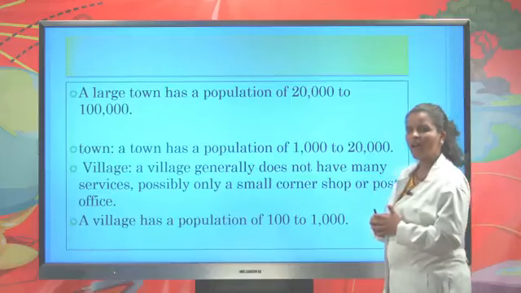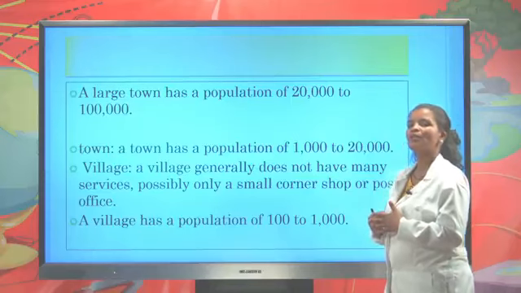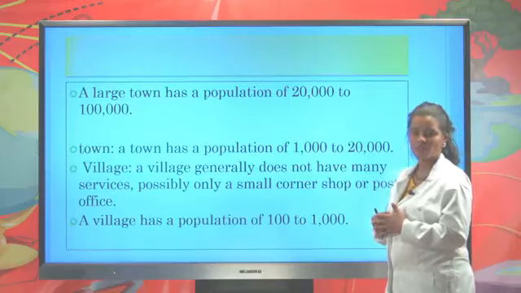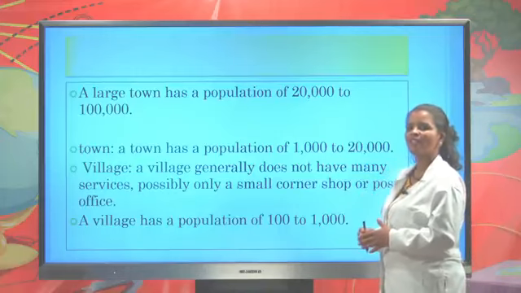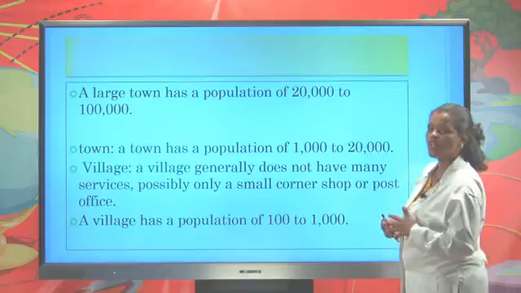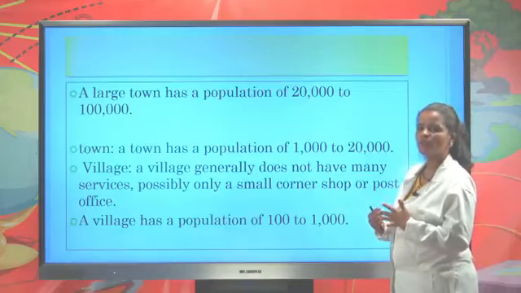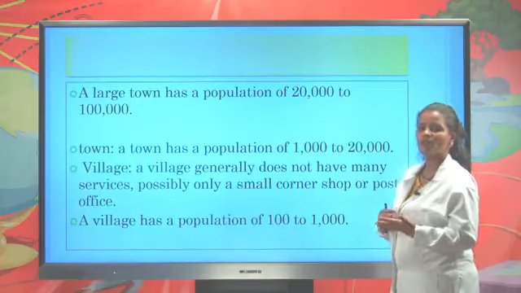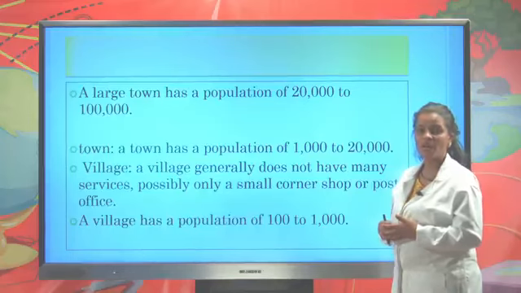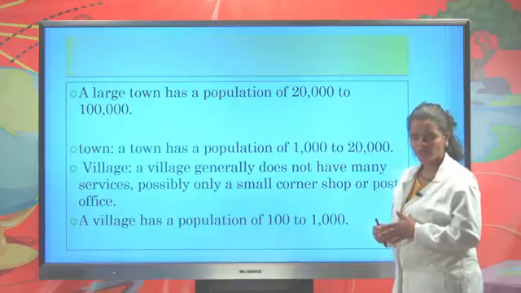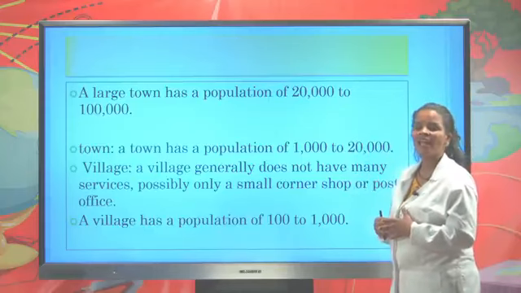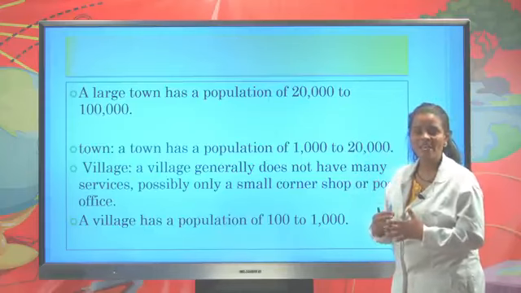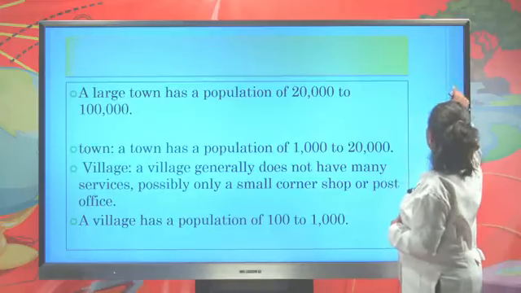A town has a population between 1,000 and 20,000. A village generally does not have many services, possibly only a small corner shop or post office, and has a population of 100 to 1,000. So this hierarchy is mainly classified based on the size of population.